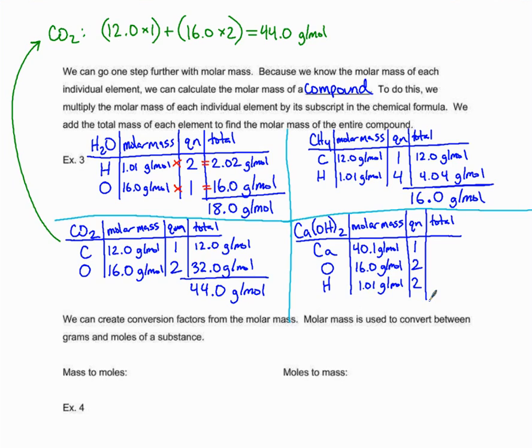We can go ahead and total these up. 40.1, 16 times 2 is 32.0, 1.01 times 2, 2.02 grams per mole.